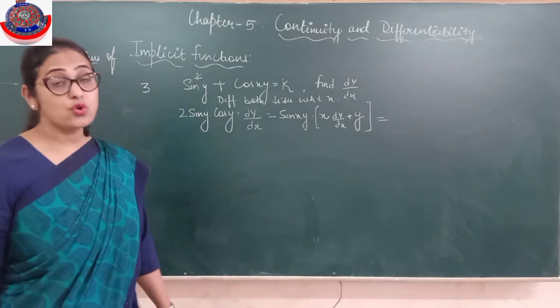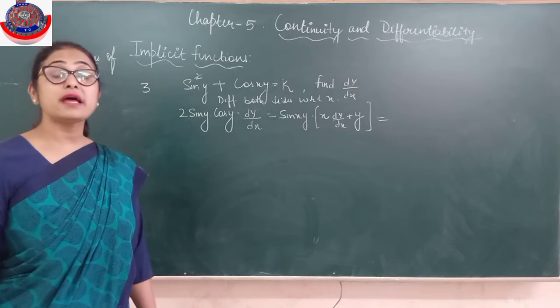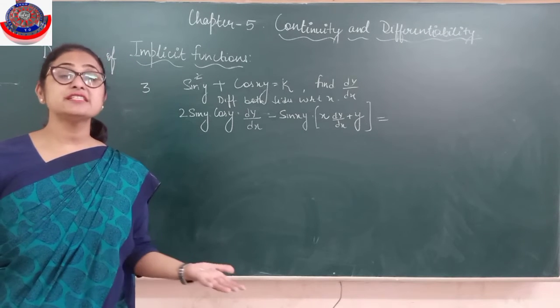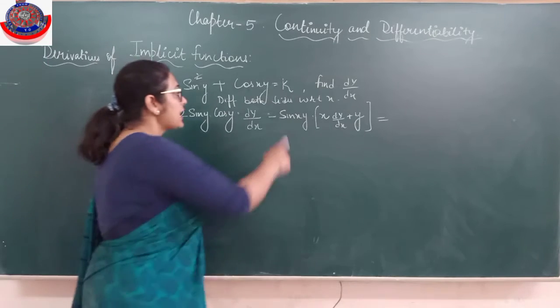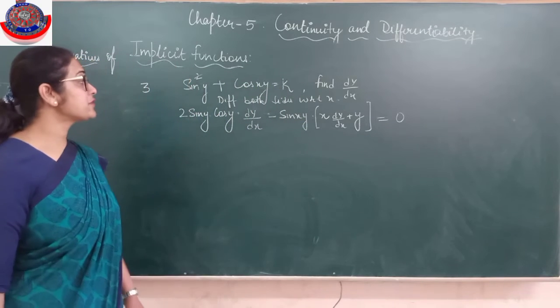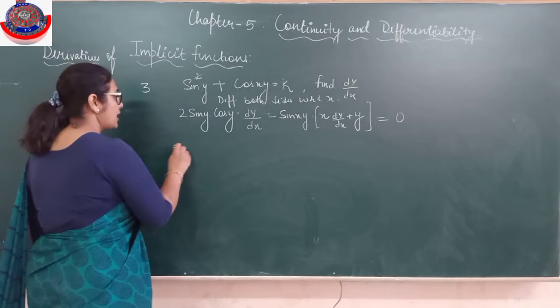Understood? Do not do any question directly, children. You have to apply the rule which is applicable. Differentiation is otherwise a very easy topic, but if you make such silly mistakes, it will be a problem. And differentiation of k will be 0. Now I need to find dy upon dx, so we need to collect terms.